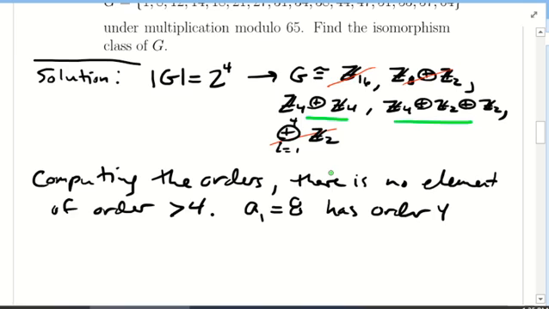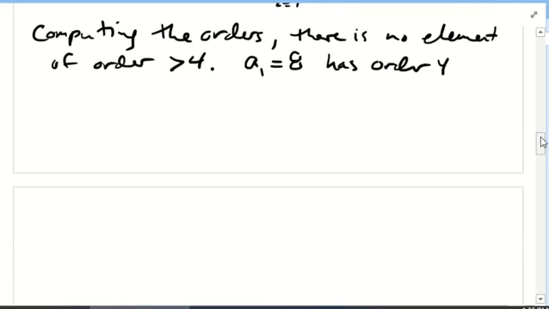So let's try the greedy algorithm. A sub 1 is 8. The cyclic group generated by the element 8 is 1, 8, 64, and 8 cubed modulo 65.